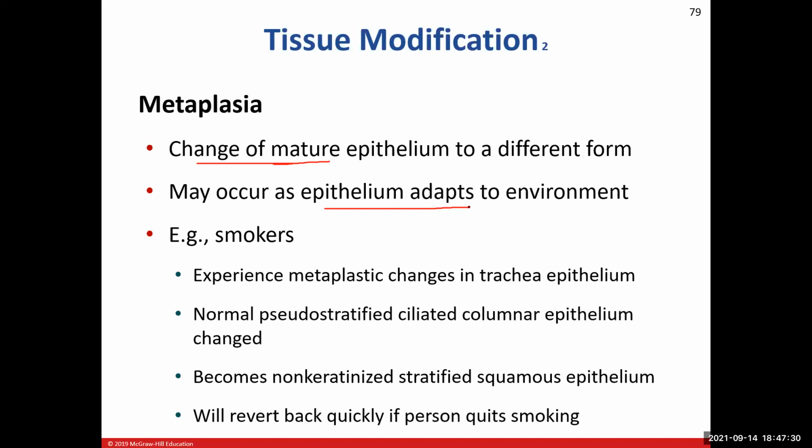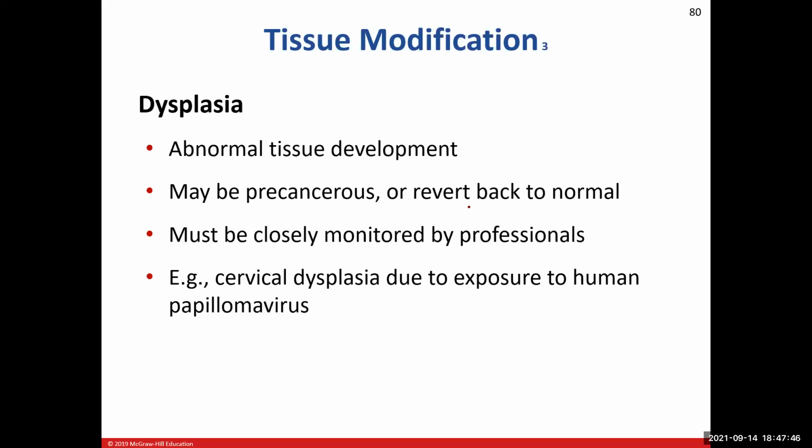So with metaplasia, when the offending agent, whatever it is, an environmental factor or what, is no longer present, when the stimulus is no longer present, the tissue will revert back to its normal form.